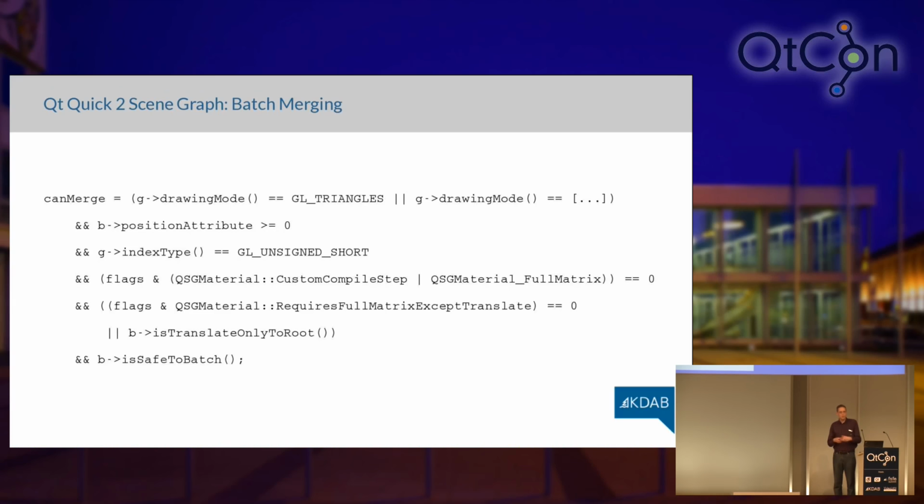And then a single draw call tries to do as much as possible in parallel, and that's where the GPU is really efficient. So this is like the sweet spot for rendering performance. That's where you want to get to. And this is the core part of the logic that decides if these batches can be merged together.